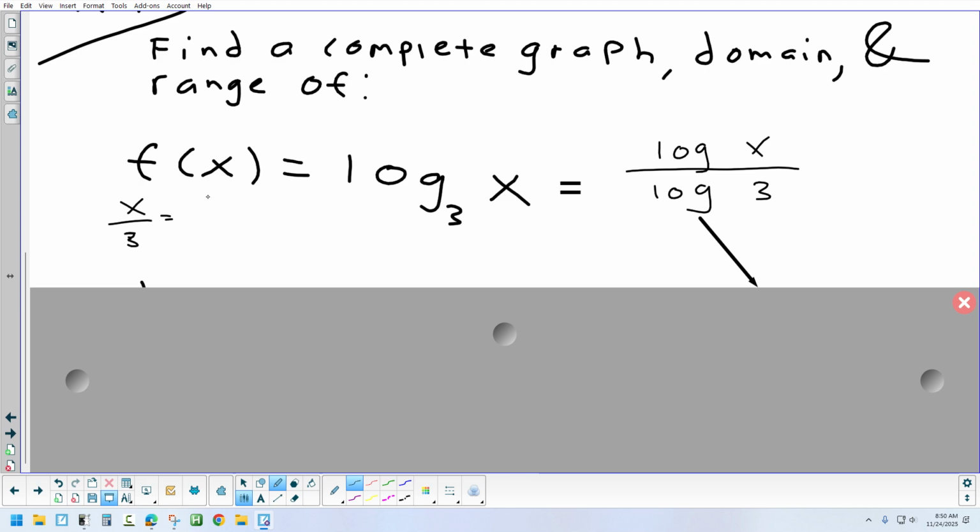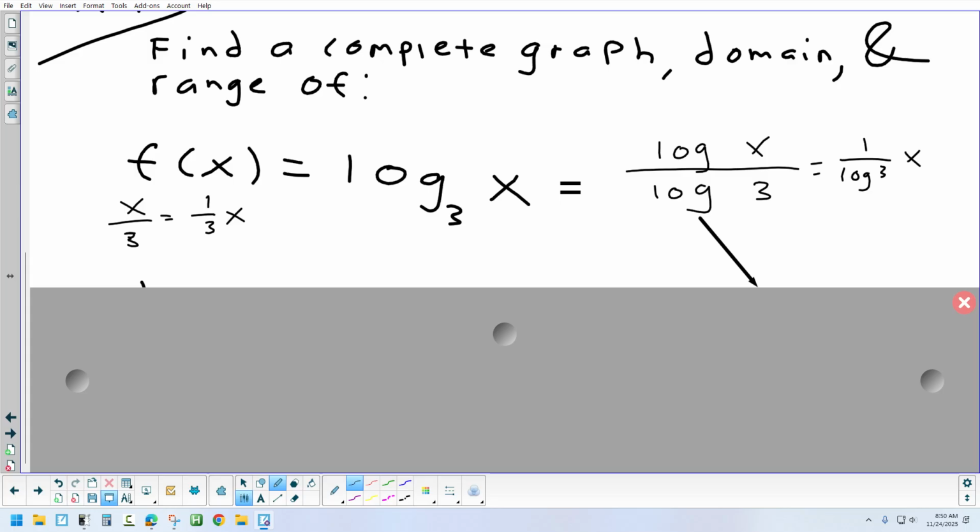Right, it's the same as just doing 1/3 x. That's x divided by 3. So that's basically what you have right there. This isn't 1/3, this is 1 over log 3. It's 1 over log 3 times x.